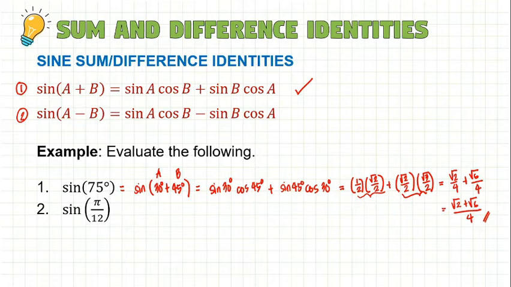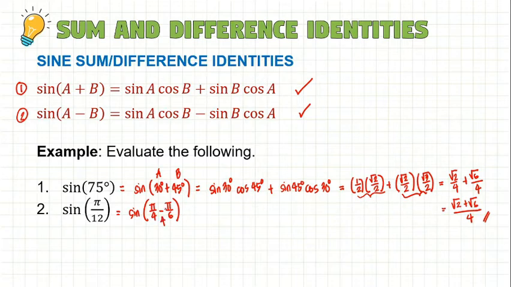So we can have here sine pi over 12 as sine of pi over 4 minus pi over 6.